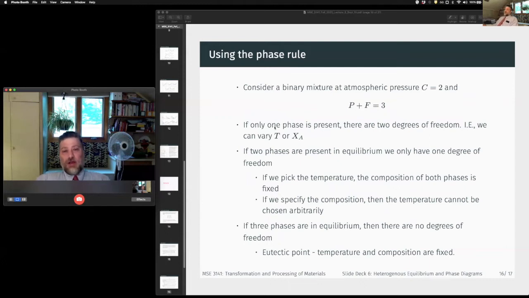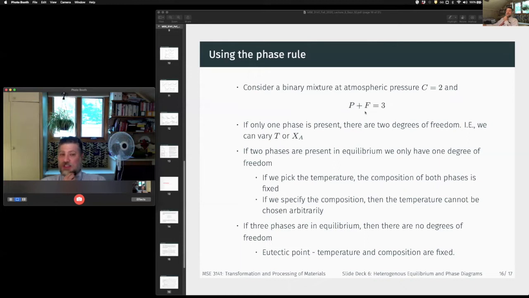So if we consider a binary mixture of two substances, and we have atmospheric pressure, that means if one phase is present, we have 2 degrees of freedom.